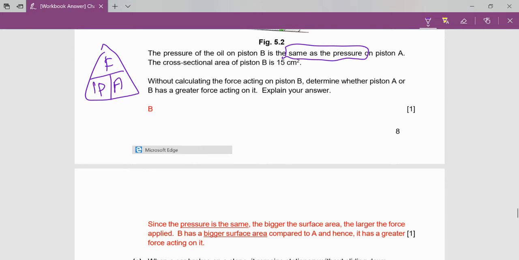Okay, so pressure is the same, only the surface area is different. Okay, so to make things a bit simpler, let me just show you using simpler numbers here.